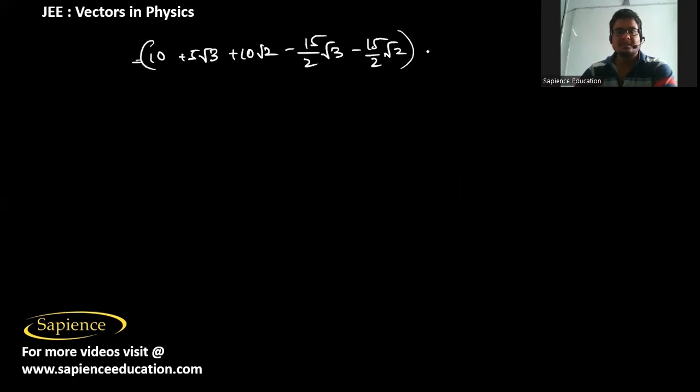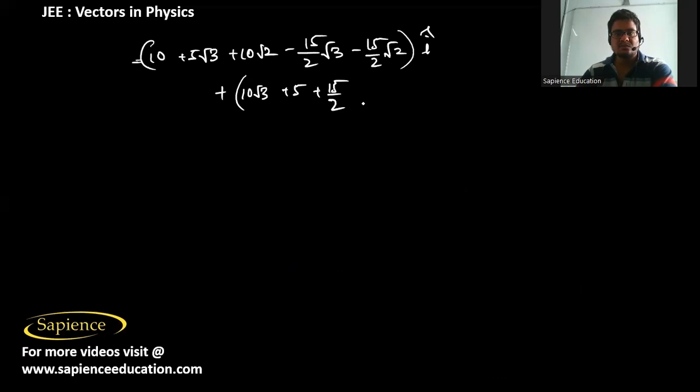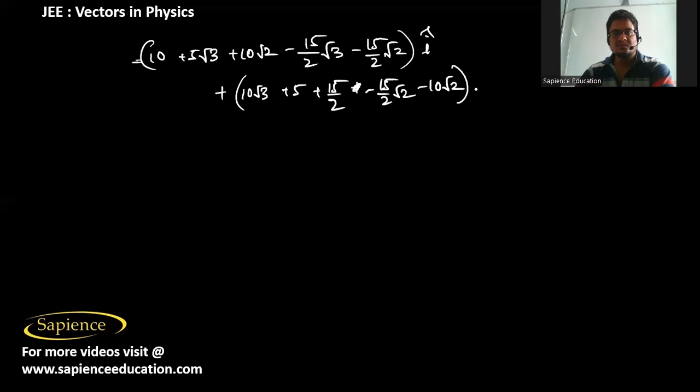So this much I cap, and plus this will be, for j cap it is 10 root 3 plus 5 plus 15 by 2, and then minus 15 by 2 root 2, then minus 10 root 2, this much j cap.